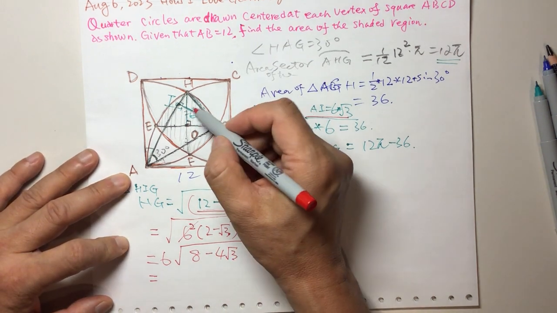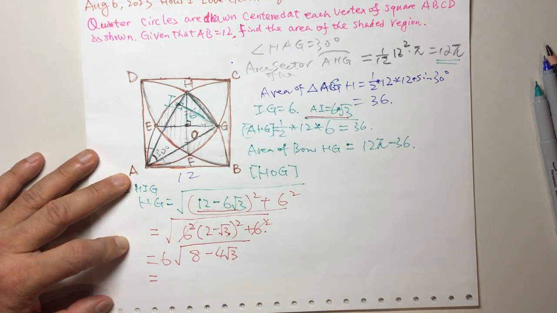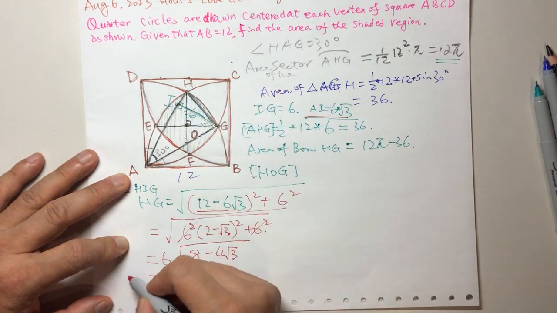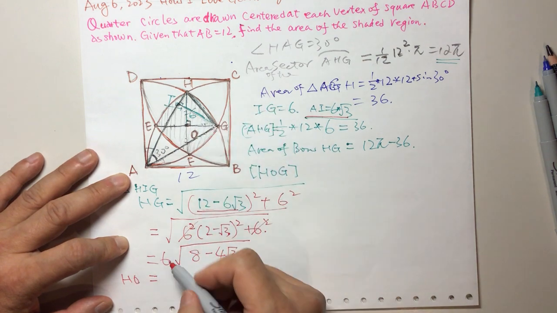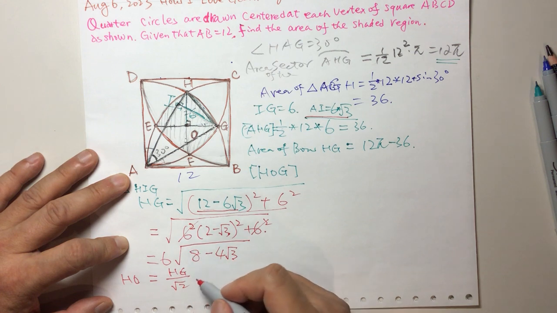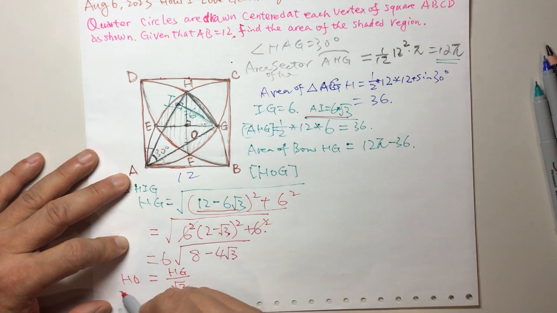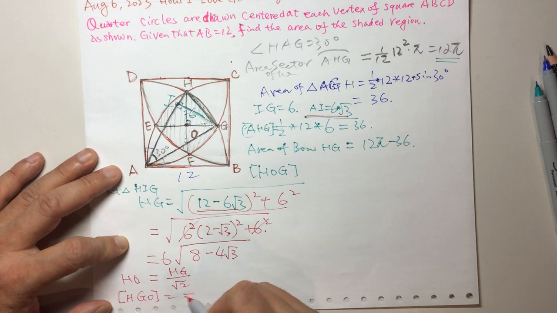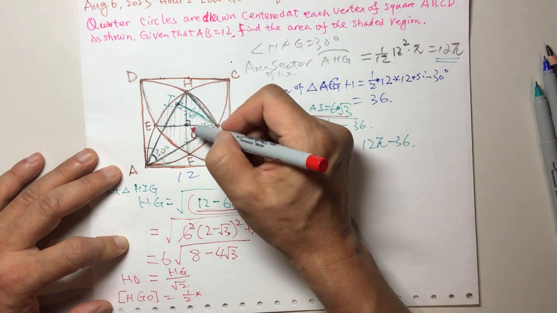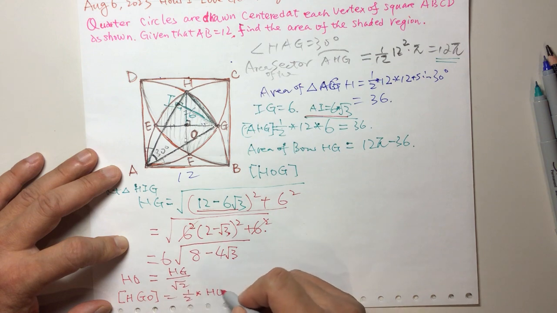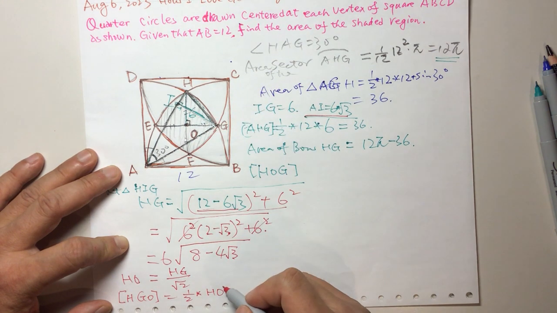So okay, let's find the HO. So HO is HG over square root of 2, right? And the area for HGO is 1/2 times, because HO equals OG, so 1/2 HO squared.